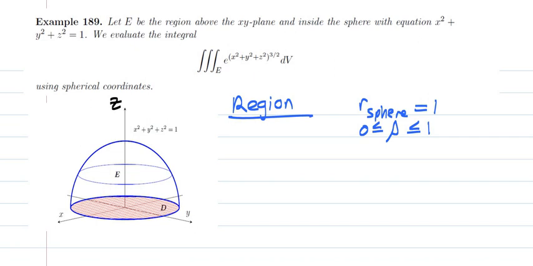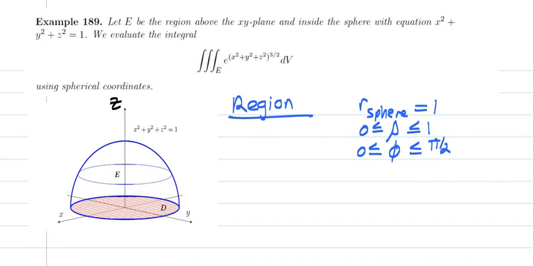Likewise, you have points above the xy plane, and for any phi value above the xy plane, there is a point. So phi is between 0 and pi over 2.